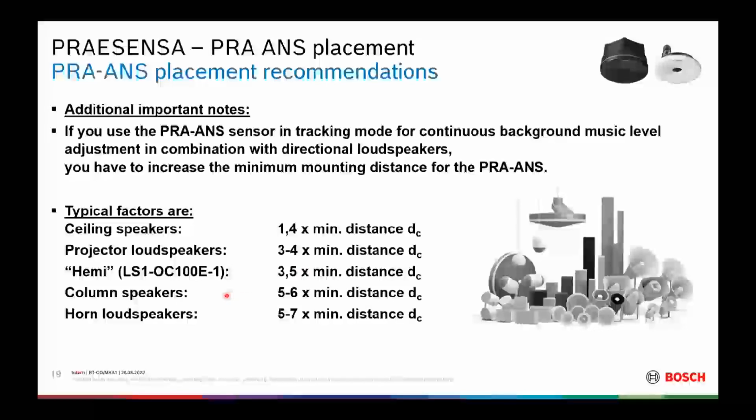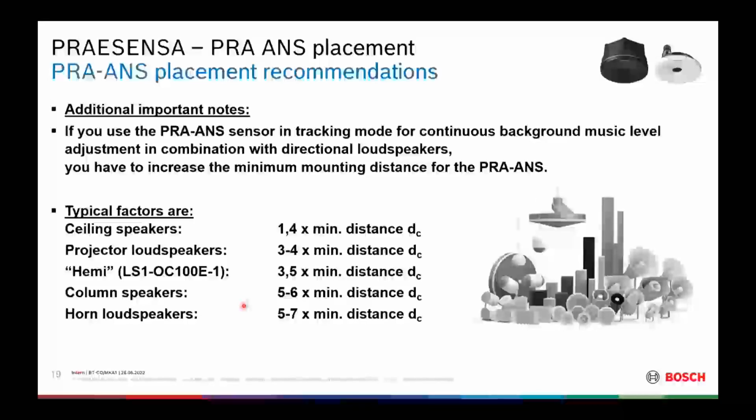A column speaker is intentionally used because it has a higher directivity. We want to go further with the direct sound when we broadcast an audio signal into the zone. So of course, then my noise sensor should also be further away to stay out of the direct sound field, which is produced by a column speaker or by a horn loudspeaker, which you see underneath here.